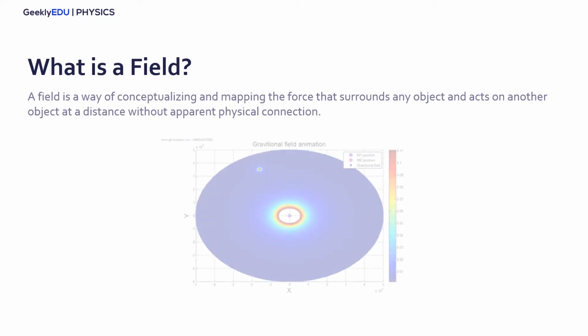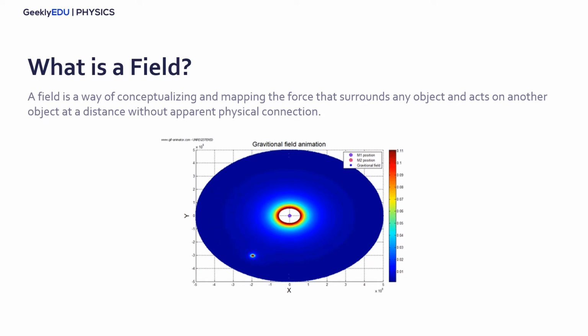For example, the most famous example is the gravitational field. We know that there are forces pulling one object towards the other, and it depends on the mass of these two objects, but we cannot see any connection between them.